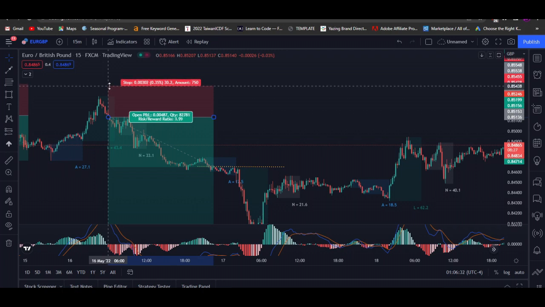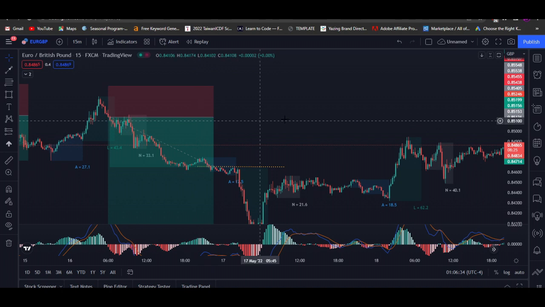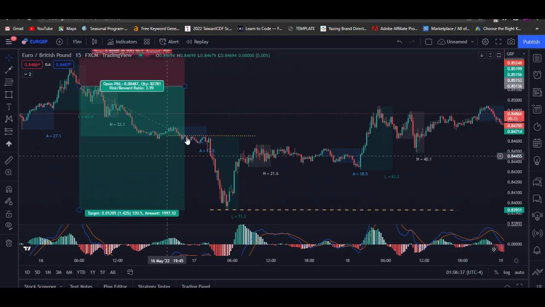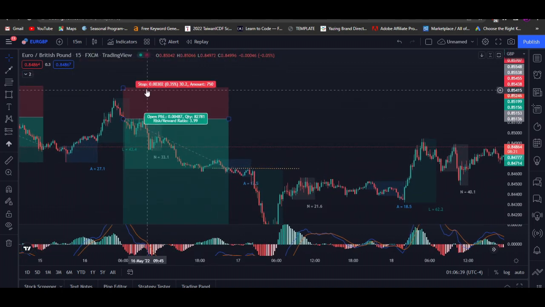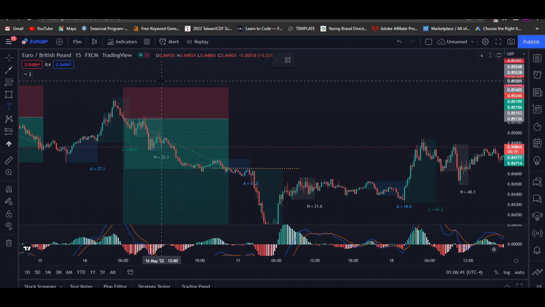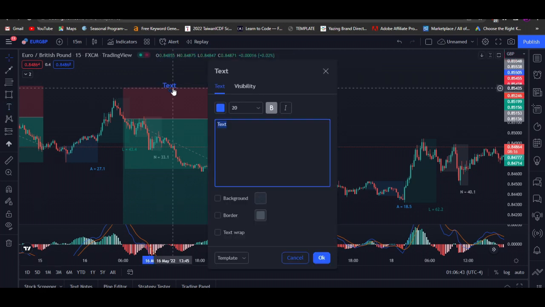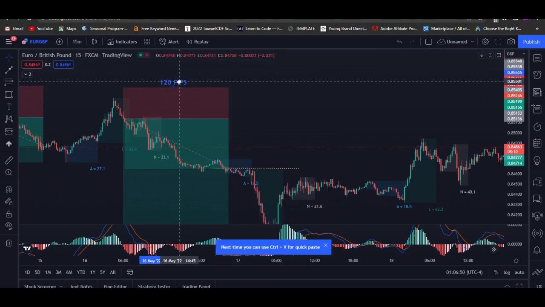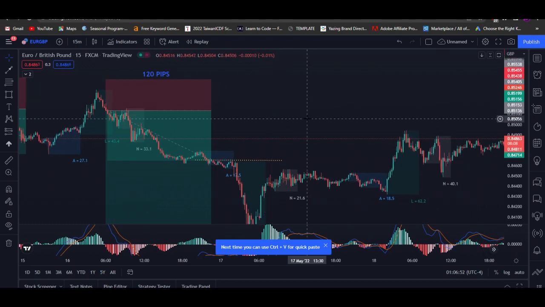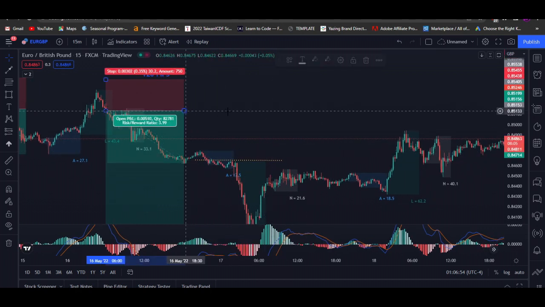Let me just adjust it a little bit. So we had a 1-to-4 risk to reward ratio for 120 pips. So let's mark that down. 120 pips profit. Let's make some room.